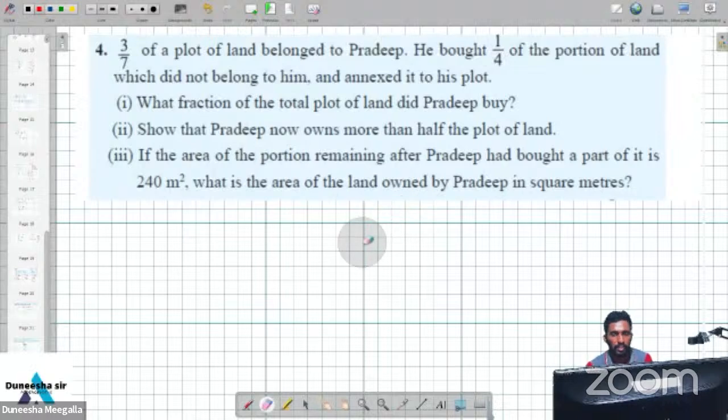I think you can do it now by fractions, not by figures. You have to find it with fractions. I gave 1 minute.